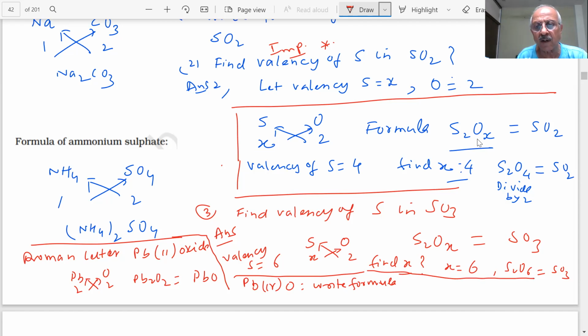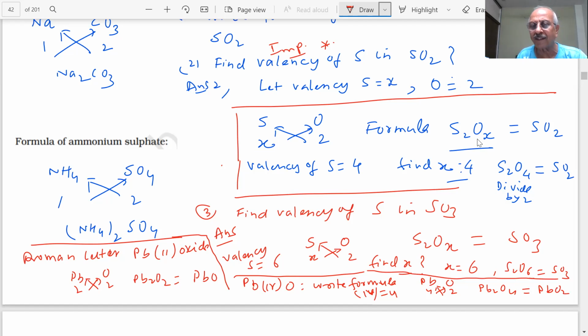This is a Roman numeral. This is nothing but 4. Then valency of lead is 4. Valency of oxygen is 2. This goes there, and this goes there. What does the formula become? Pb2O4. Divide by 2. What does it become? PbO2. Clear? This is lead dioxide.